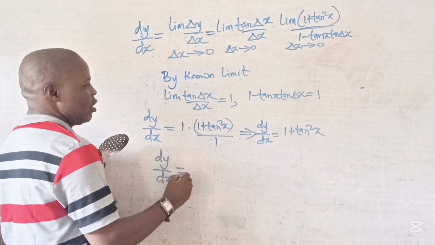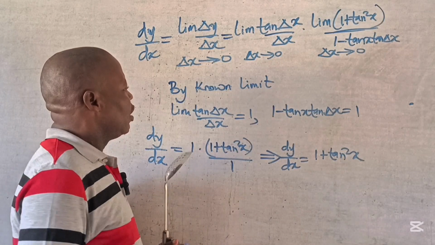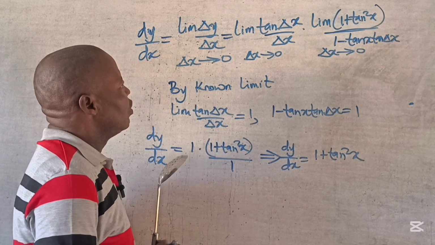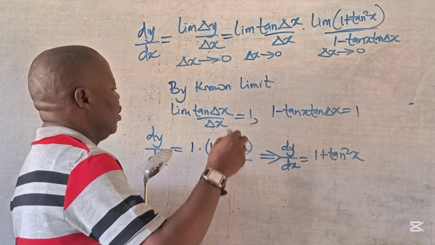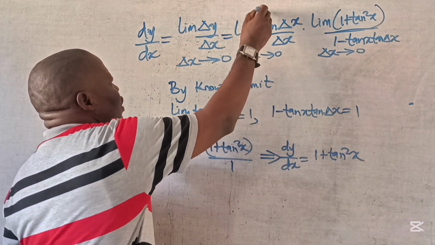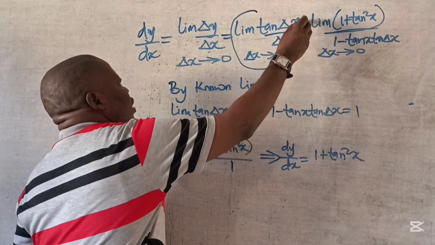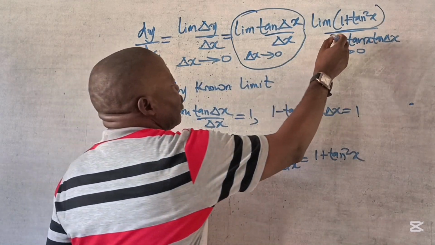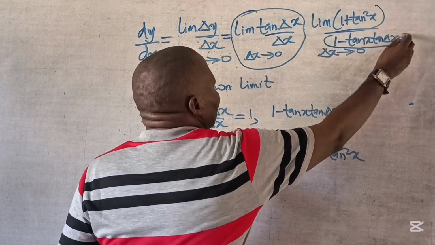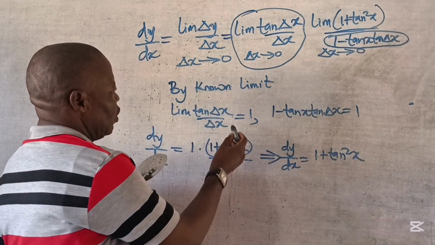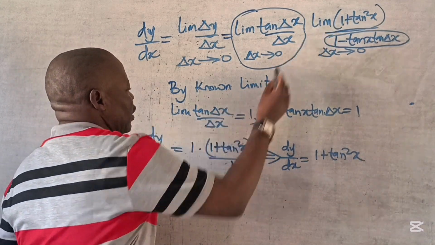Therefore if this one is equals to 1 and this one is equals to 1, that means we are left with this.